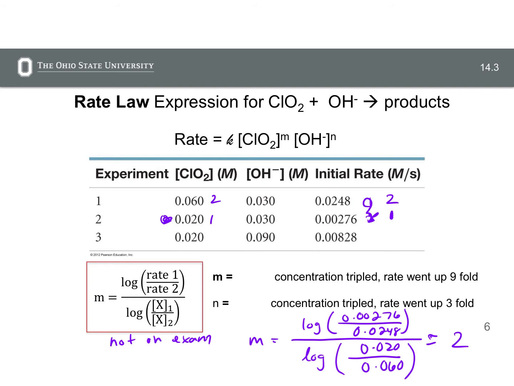Why did you put the .0248 on the bottom, like on the top? It says .00276. Did I mess up my numbering? So I did the experimental data from this one as 1, and then the experimental from here as 2.